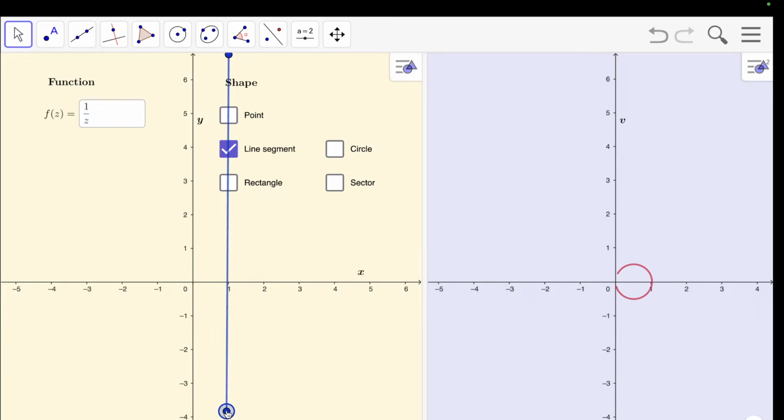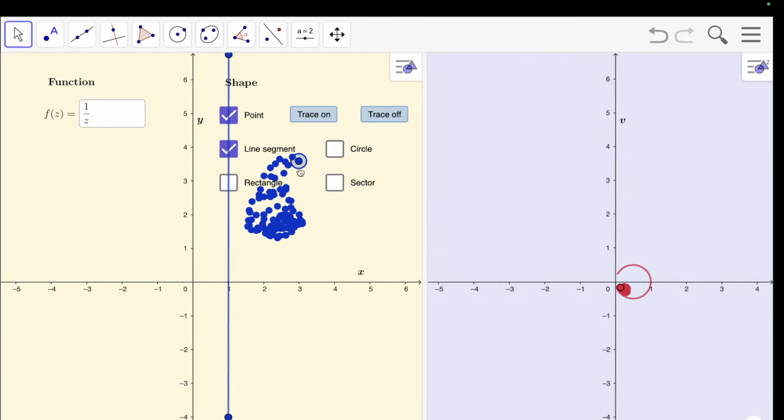And now click a point. So this point is X greater than 1. So this point mapped in the UV plane is this point. So press on this. So this is the region X greater than 1.